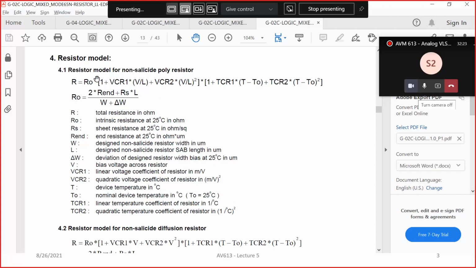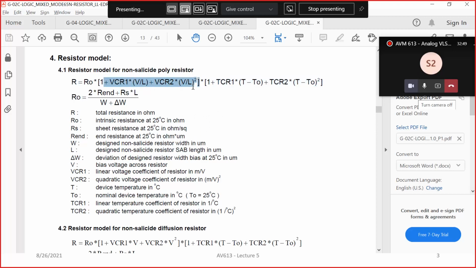Now this resistance will also have both a temperature coefficient as well as a voltage coefficient. If you take a diffusion resistor, it is diffusion in a certain well, so there is some diode sitting there, right? That diode will have some kind of a voltage coefficient. That is modeled by these terms.